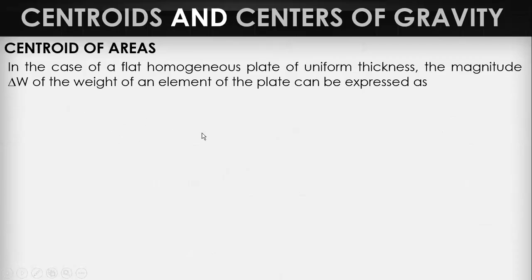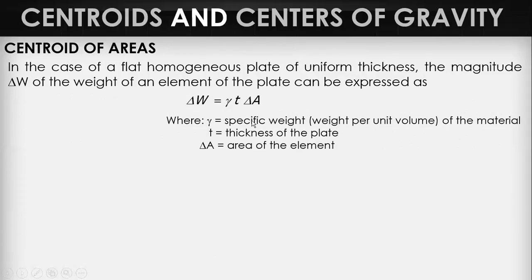Now, in the case of a flat homogeneous plate of uniform thickness, the magnitude delta W of the weight of an element of the plate can be expressed as this one. Okay? Properties of material: weight is equal to specific weight times volume. And volume will be area times thickness. So for a differential element, differential area.